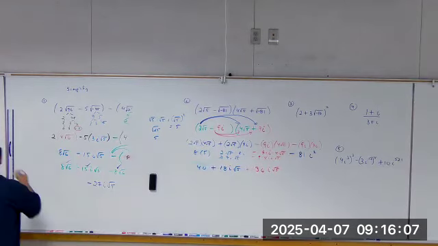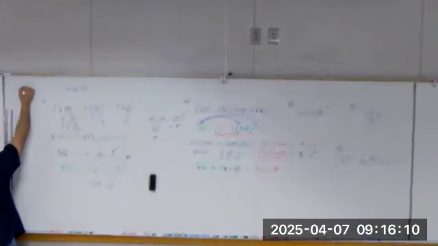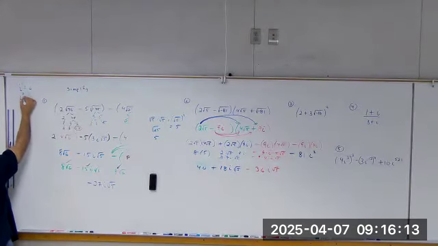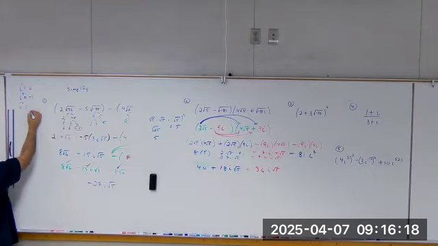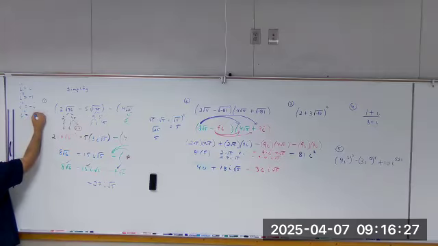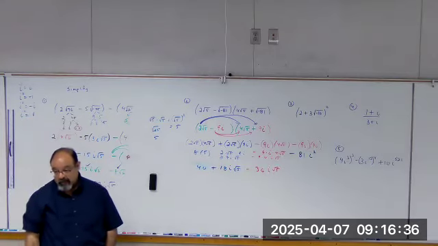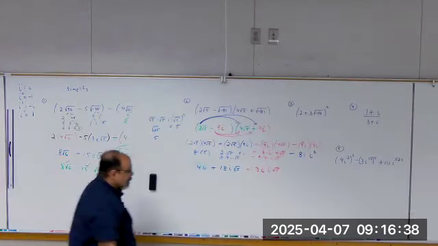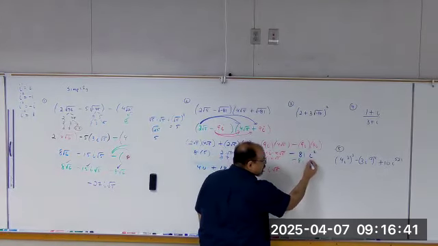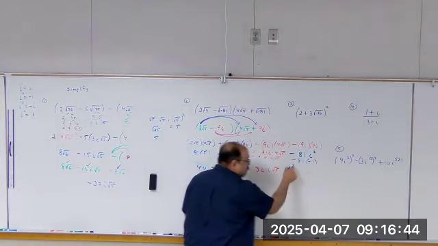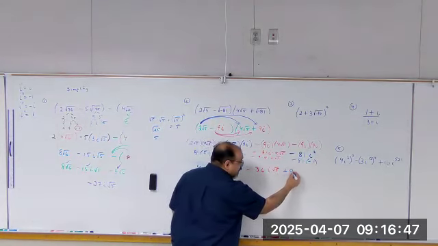Remember the rules. i to the first is just i. i squared is what? -1. i to the third equals -i, and i to the fourth equals +1. You gotta know your pattern of i, power of i. So this is -81 times i squared, which is -1. So this ends up being down here plus 81.